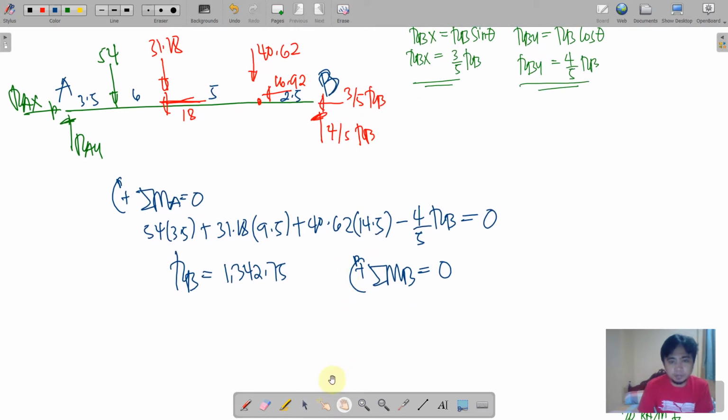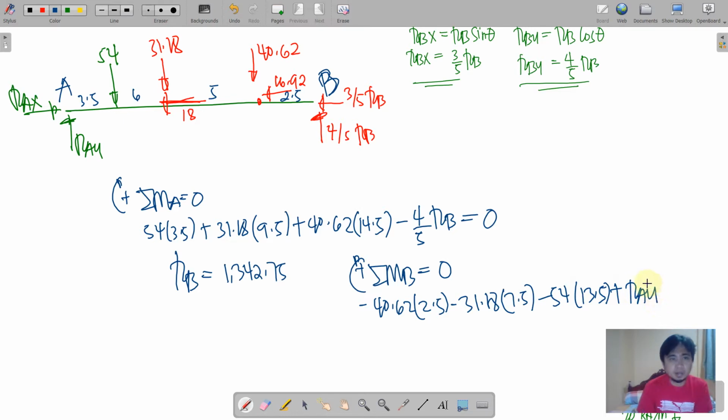We have a negative rotation, negative 40.62 times 2.5, minus 31.18 times 7.5, minus 54 times 13.5, plus RAY times 17.